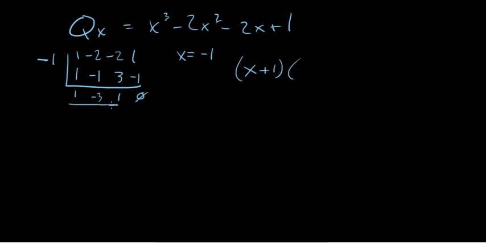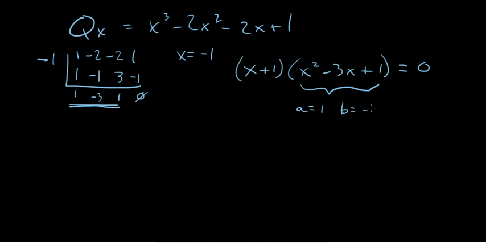The other factor I've got right here, okay? x squared minus 3x plus 1. So that equals 0. And so that means that I can use the quadratic formula on this. I've got a equals 1, b equals negative 3, c equals 1.